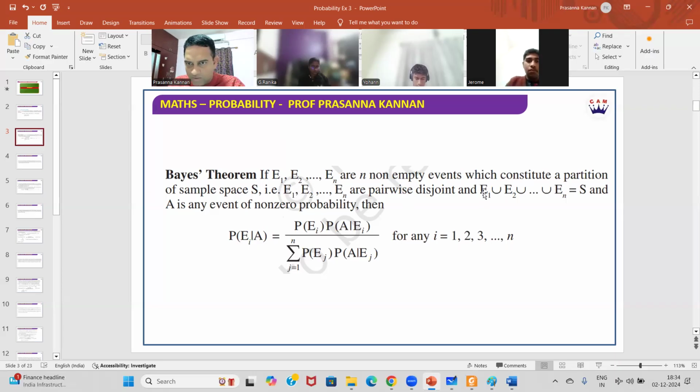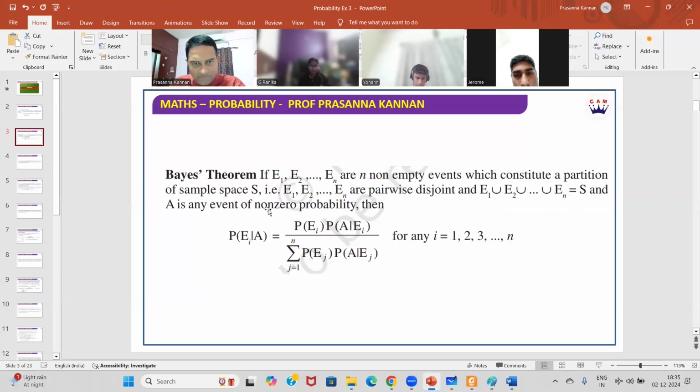And the union of E1, E2, E3, up to En gives the sample space, which means they are not just disjoint but also exhaustive: if I do the union of all of them, I get the sample space.